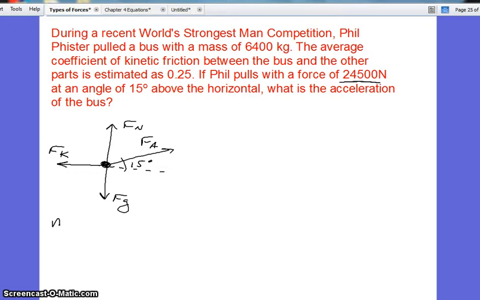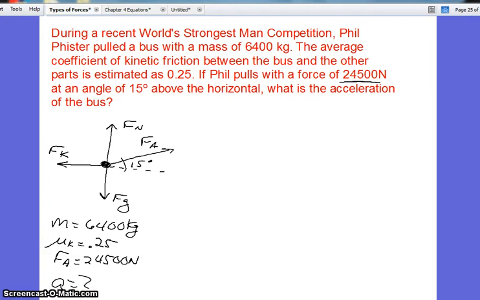Next, we write down our givens. The mass is 6,400 kilograms. The coefficient of kinetic friction is 0.25. The applied force is 24,500. And we need to find the acceleration.